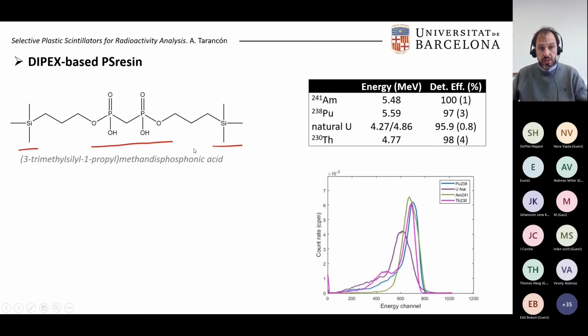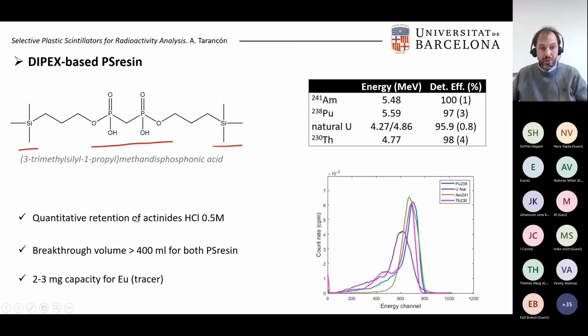This extraction on the plastic scintillation achieves very good efficiencies, almost quantitative, almost 100% for all the alpha emitters and the actinides, and also quantitative retention in hydrochloric 0.5 molar medium, which is the first medium we evaluated.